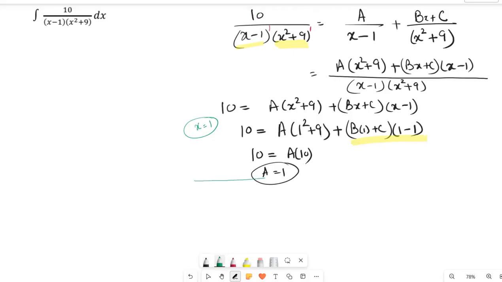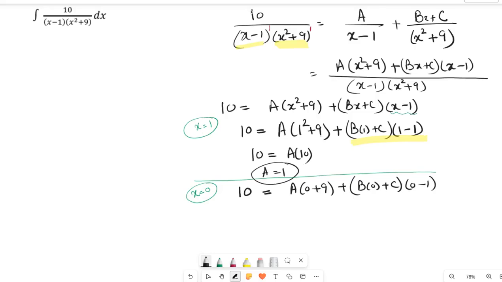Now, this is true for all x values. This x equals 1 came from one of the factors, but I don't have any other such x values right now. So I'm going to just say, let's say x is 0 because 0 is easier to handle. On the left hand side, it is 10. Right hand side is 0 plus 9 plus b times 0 plus c times 0 minus 1.